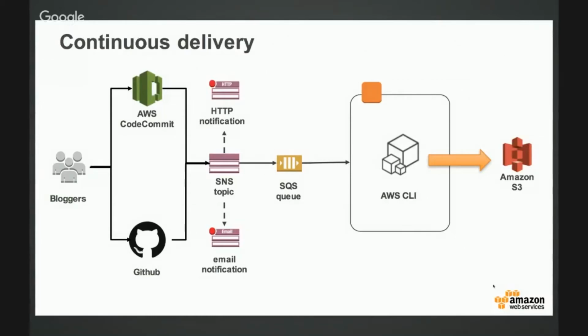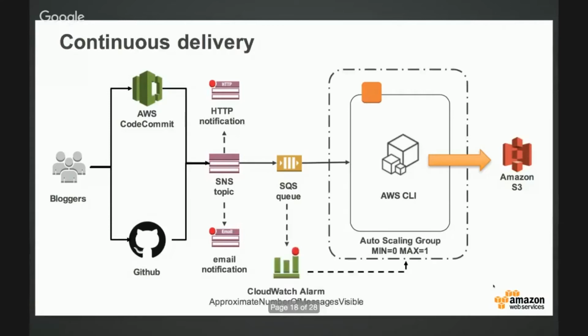And a common question is about the costs of running the AWS CLI on an EC2 instance, for example. And the way to get around that is to have an auto-scaling group. This is the component that AWS uses to scale automatically.